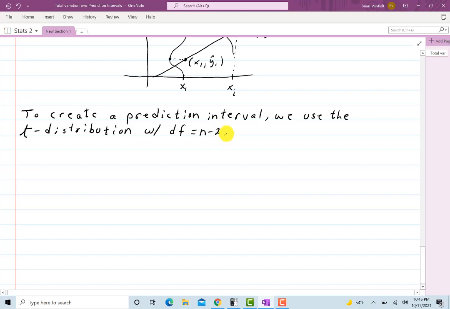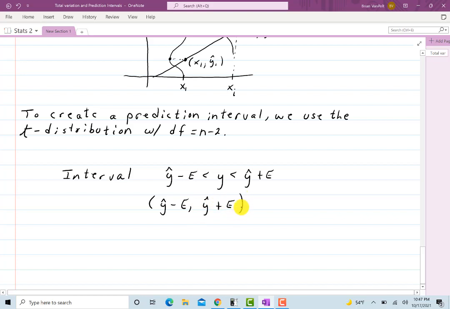And then the interval is going to look like this. One way of writing it looks like y hat minus E less than y less than y hat plus E. Or in interval notation, you might think of it this way. So y hat is the center of this particular interval.